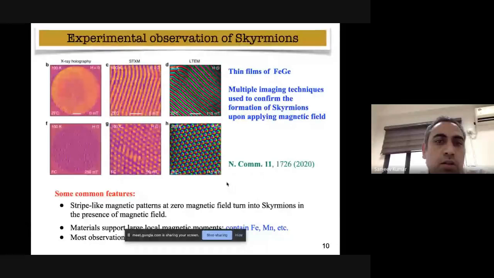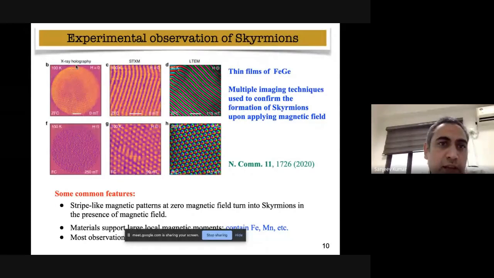So the common features in what I discussed in the last 3 slides are that in the absence of the magnetic field, you typically see such patterns of the magnetization orientations. These are so-called spiral phases or stripe-like phases. You see this consistently, and when you switch on the magnetic field, you see skyrmion lattice formation.